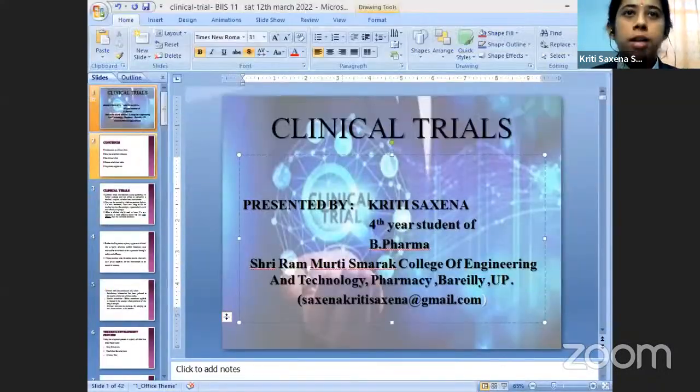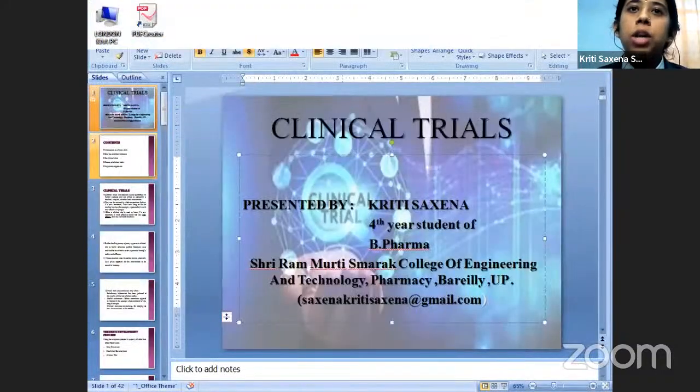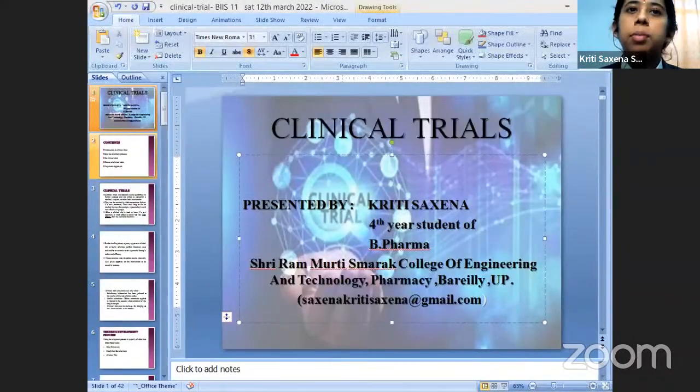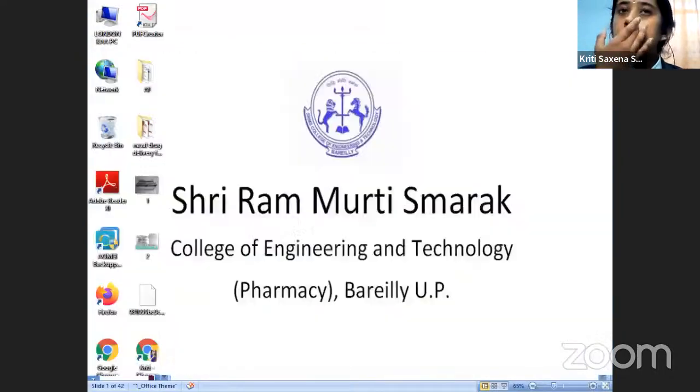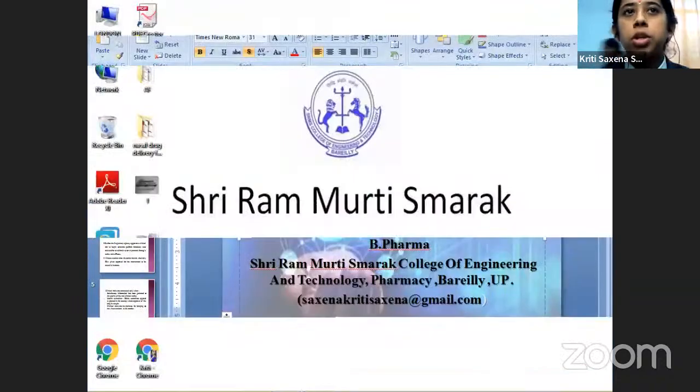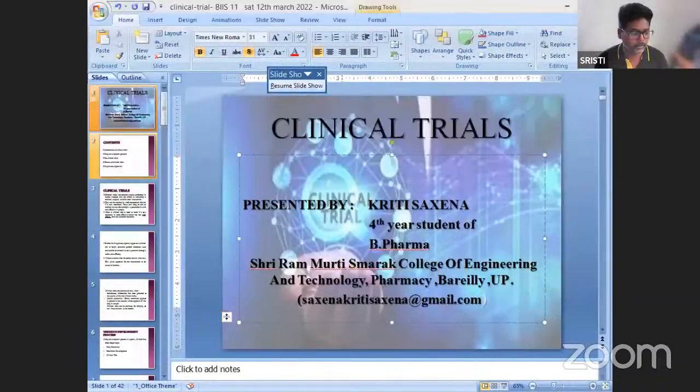Then only the trial commences. When a compound or an intervention gives promising results in the preclinical and laboratory tests, then only is it carried forward for clinical trials. The clinical trials are conducted only when a satisfactory set of information is gathered from the non-clinical data.